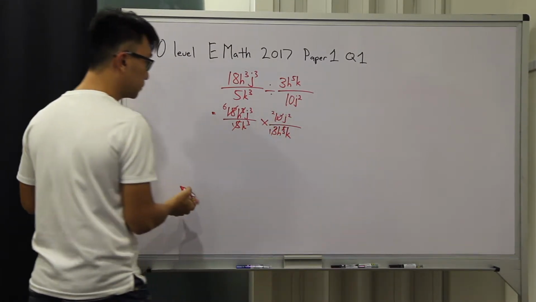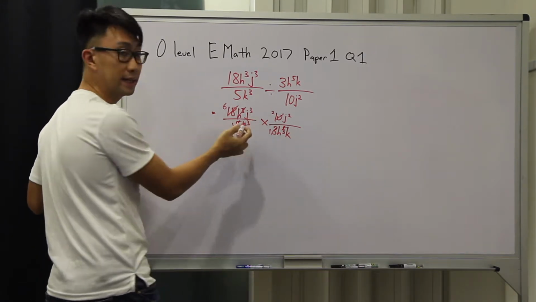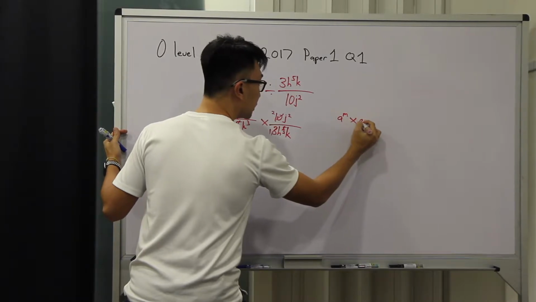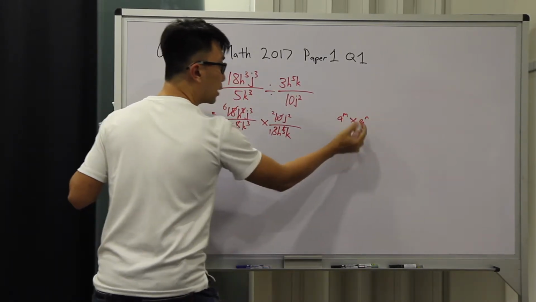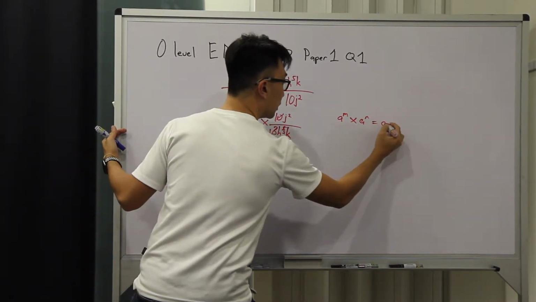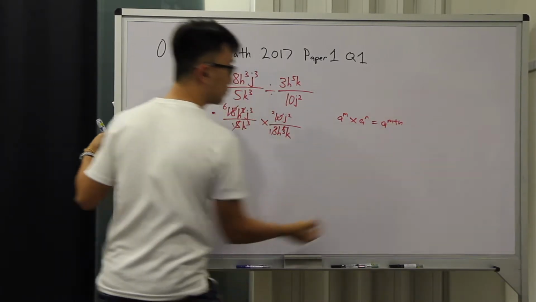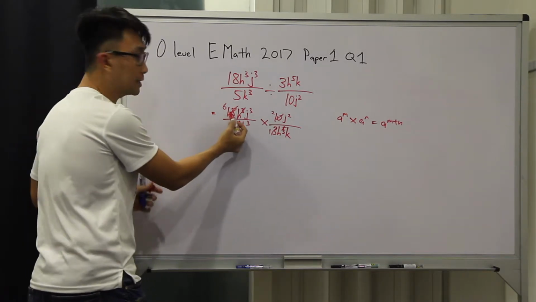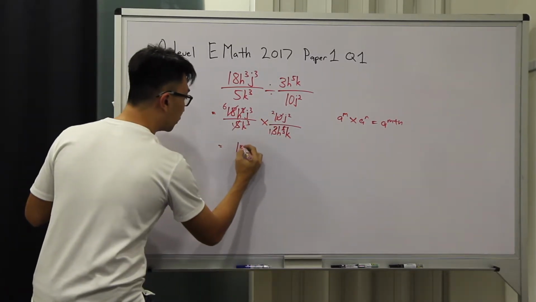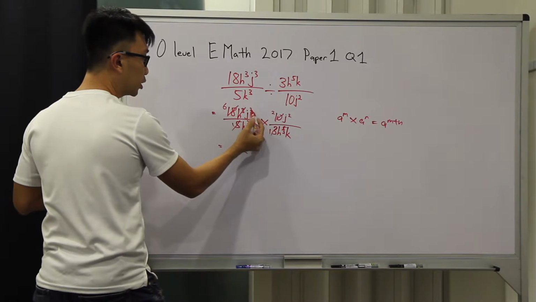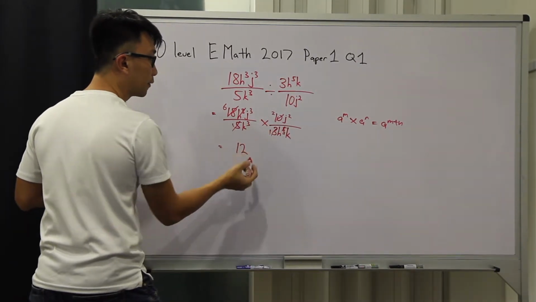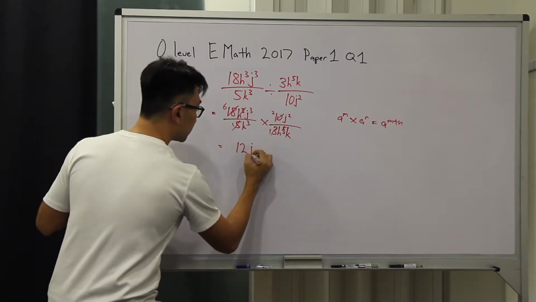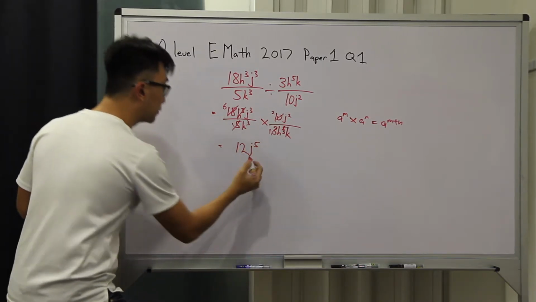And that's all. So let's recall for indices, when we have a^m times a^n, the powers add together, a^(m+n). Alright, so for this, we have firstly 6 times 2 to give us 12. j³ times j², that will give us j to the power of 3 plus 2, which is 5. j to the power of 5.